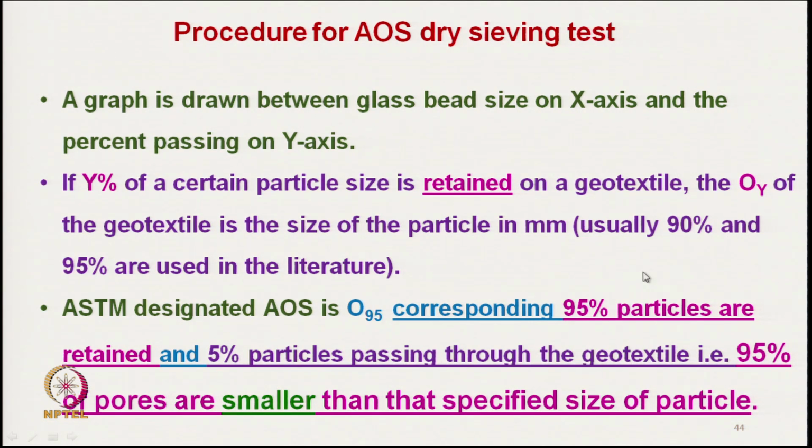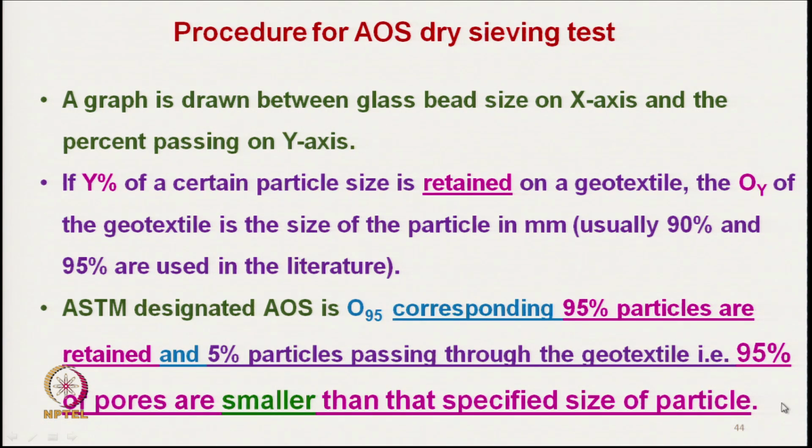Usually we take y as 90%, and 95% is also used in the literature. So, O90 we used to take. As per ASTM, apparent opening size is either O95 or O90 we can use. O95 means 95% are retained and 5% of the particles are passing through the geotextiles.